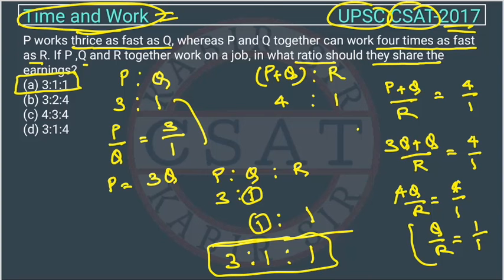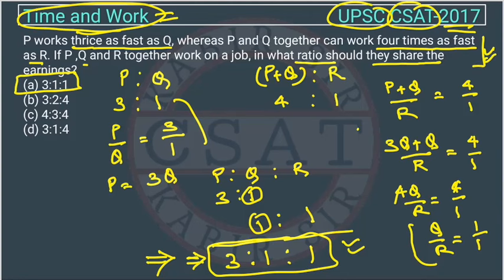Their earning will be according to their efficiency. So this is the ratio of their efficiency, and this will also be the ratio of their earning or the share in earning, right? So this is the answer. So this was a very easy question. It was just about understanding the language, right? So I hope you all understood this.